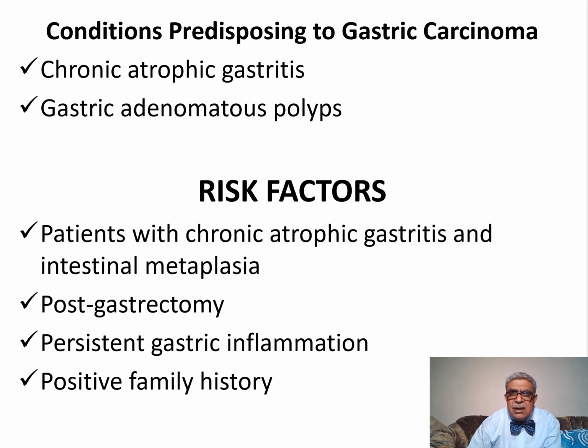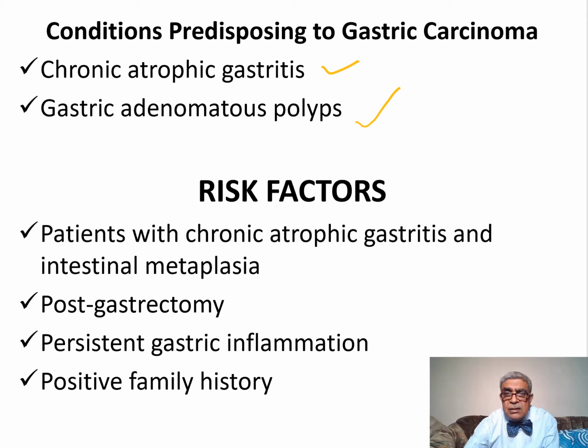Now, there are certain conditions which predispose to gastric carcinoma. Again, I repeat, that is chronic atrophic gastritis and then gastric adenomatous polyps. Risk factors, again, patients with chronic atrophic gastritis and intestinal metaplasia, post gastrectomy patients, or in those patients where there is persistent gastric inflammation, or in the families which give positive history for gastric carcinoma.